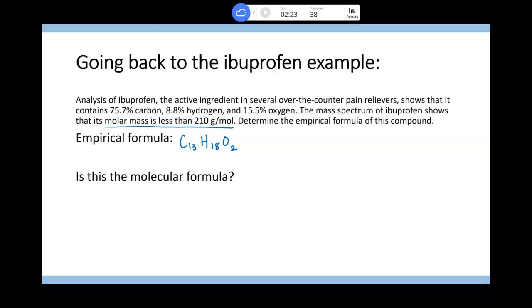If it's 100 grams, then we don't have the molecular formula. We would need to multiply the subscripts by some factor to end up with closer to 210 grams. So go ahead and calculate the molar mass of this empirical formula and see if it is approximately 210.